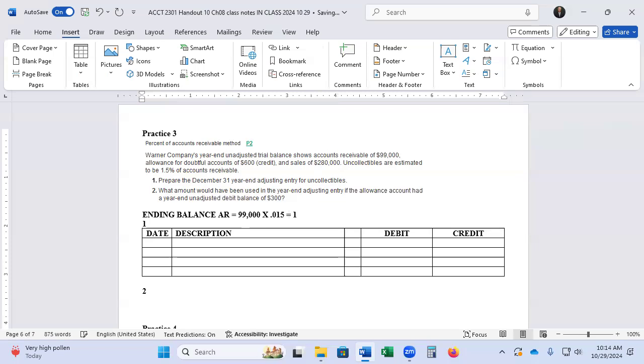That gives us 1,485. So on the 31st, we record bad debts expense and then allowance for doubtful accounts.